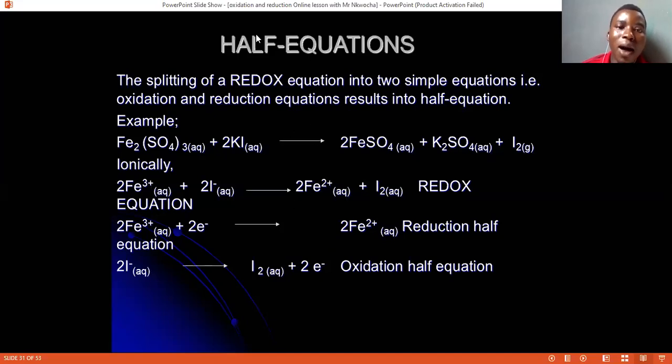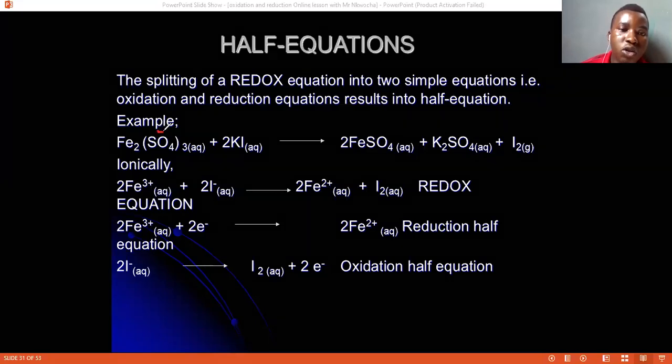All right, so these are other half equations. Remember I told you sulfate, SO4, is a compound ion, so it's minus 2 here and it did not change. It's also minus 2 here, so it's a spectator.